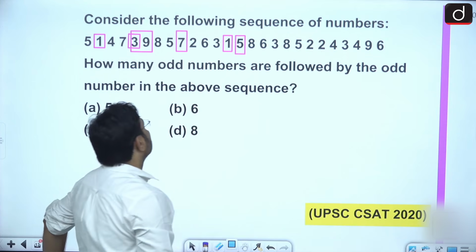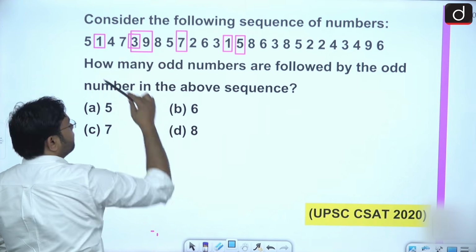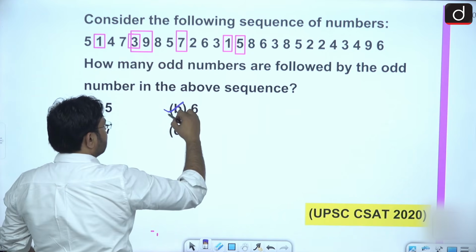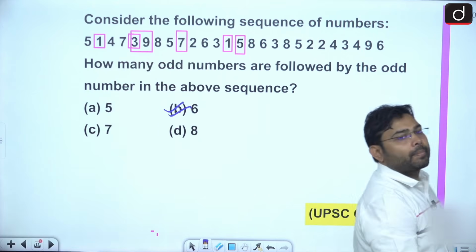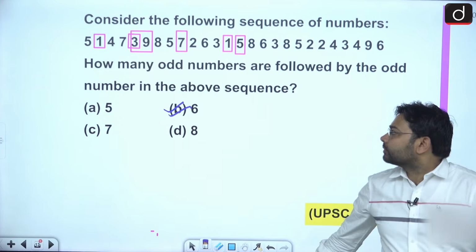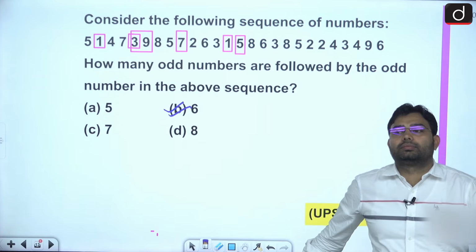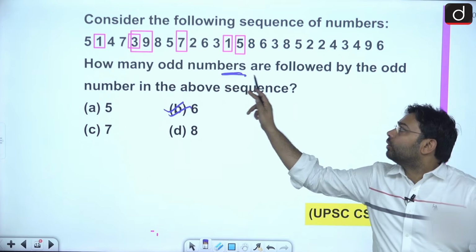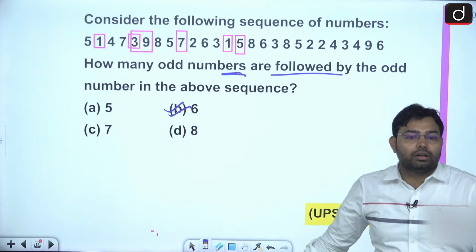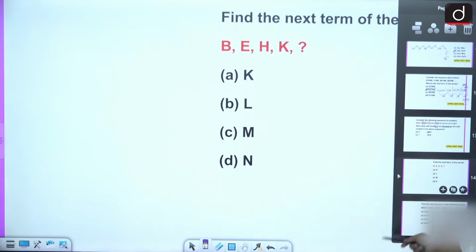So how many? 1, 2, 3, 4, 5, and so 6 is your answer. Odd numbers followed by odd numbers. Next one.